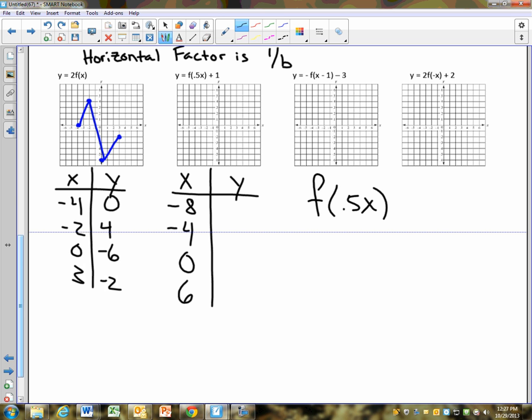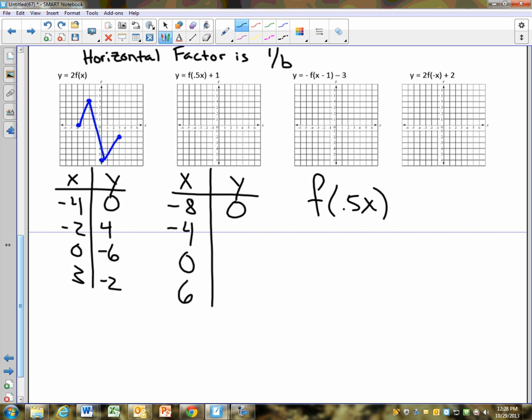Forget about the +1 right now. If I plug in -4, I get out a value of 0, right? We said that from the beginning. f of -4 is 0. So if I plug in -8, what's 0.5 times -8? And what's f of -4? What did we say from our beginning? 0. See?